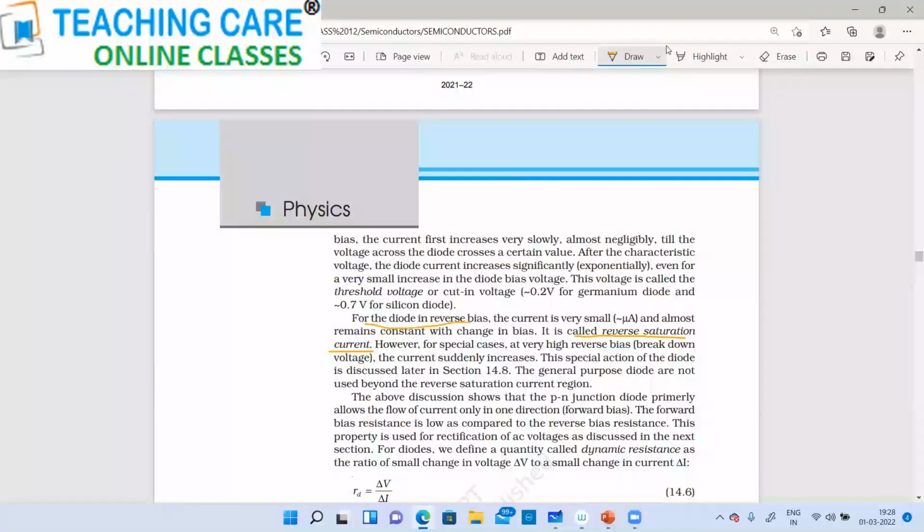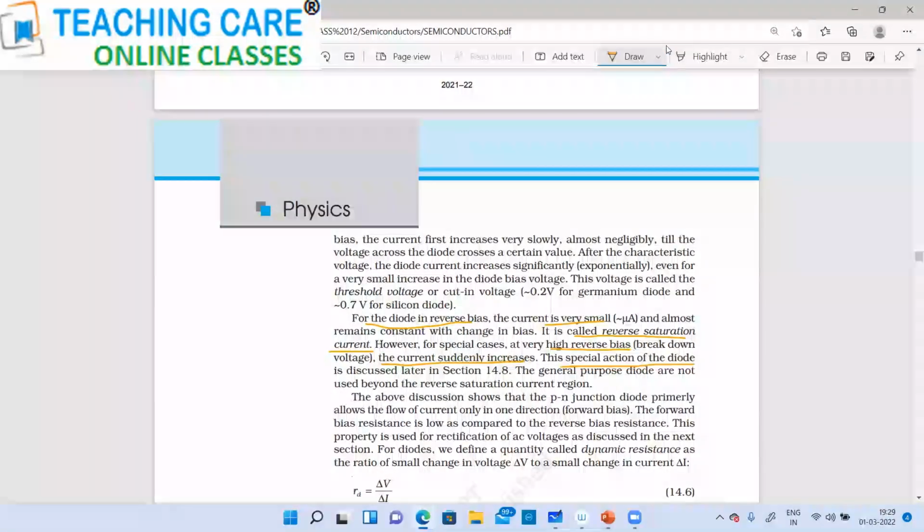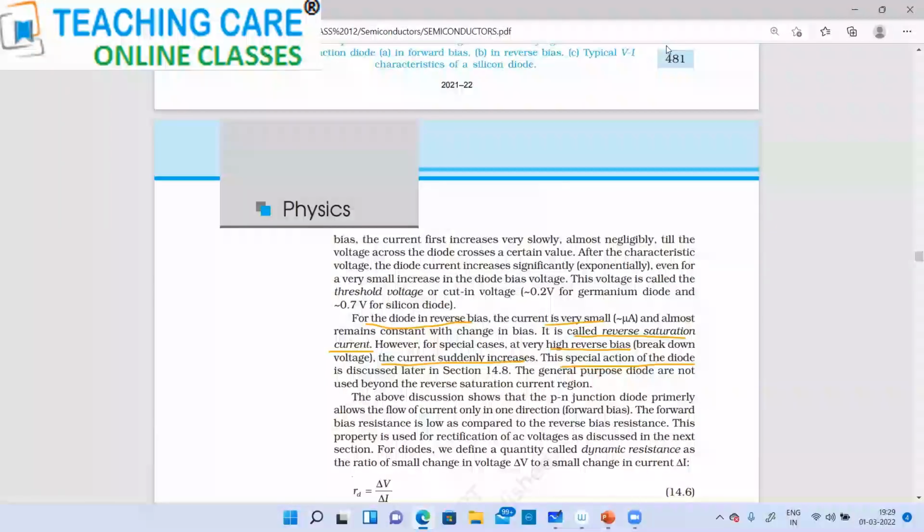See, the reverse saturation current. For the diode in reverse, the current is very small and it is called the reverse saturation current. At very high reverse bias, the current suddenly increases. If you go beyond this, the current suddenly increases. The special action of the diode is the Zener diode. It is not in this syllabus.